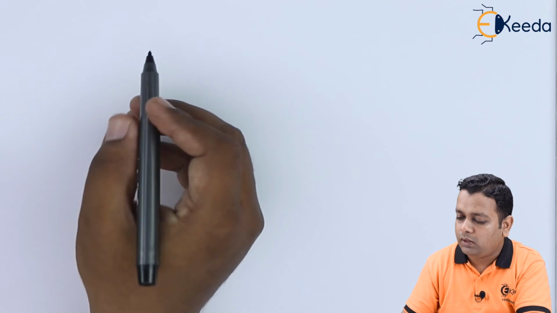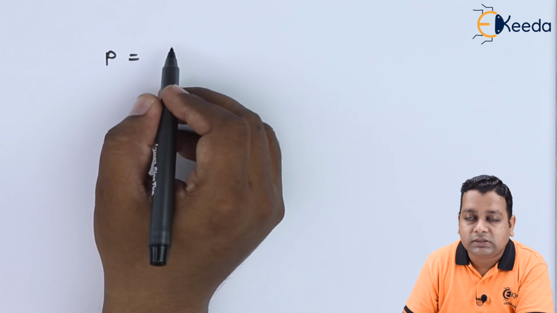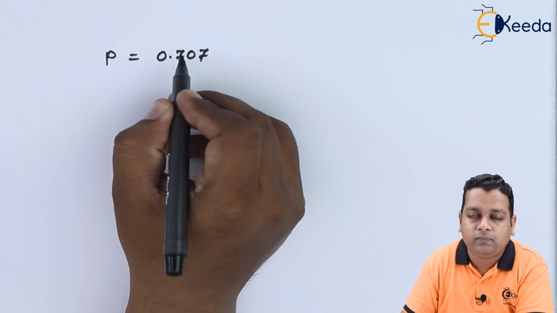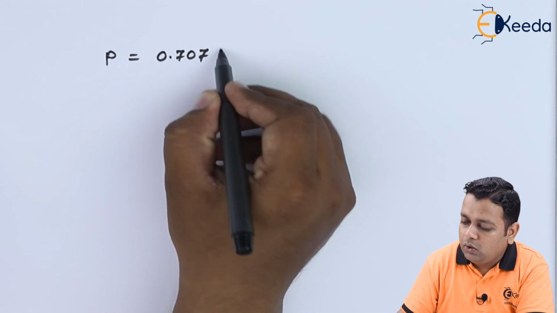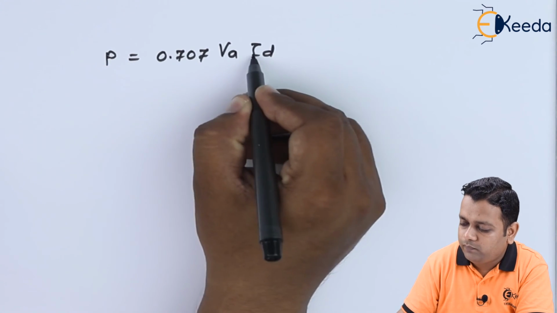Lastly, we can conclude this topic by addressing the output power and the quality factor. Expressing the output power, we can show one equation where the output power is represented by capital P and is expressed as 0.707 multiplied by VA into ID.